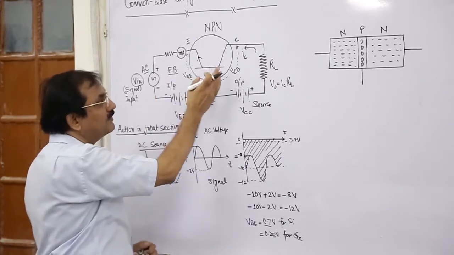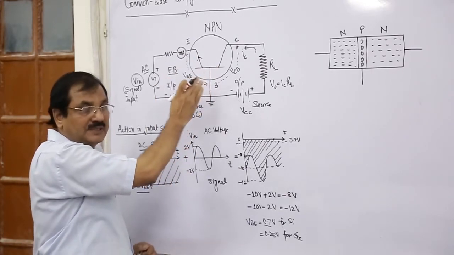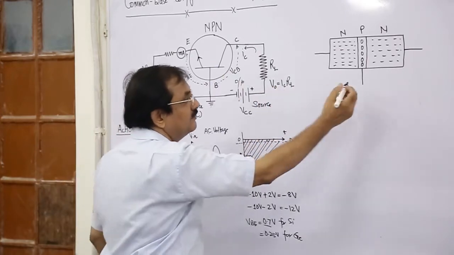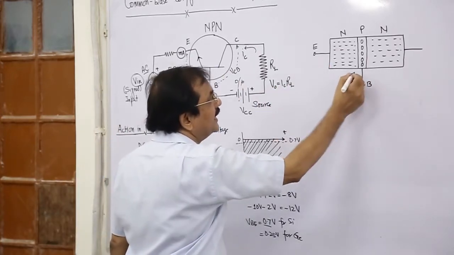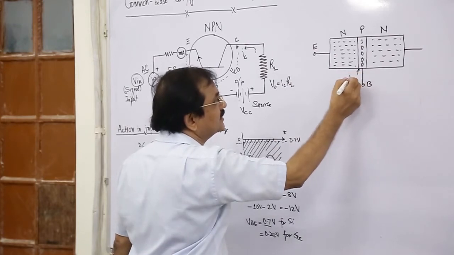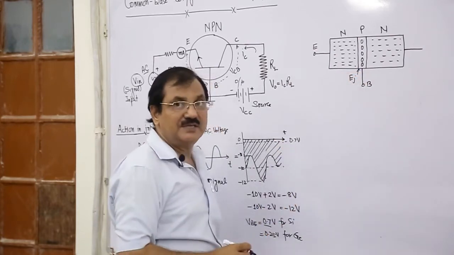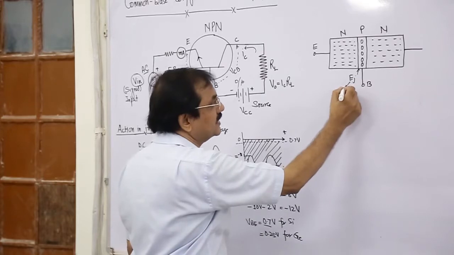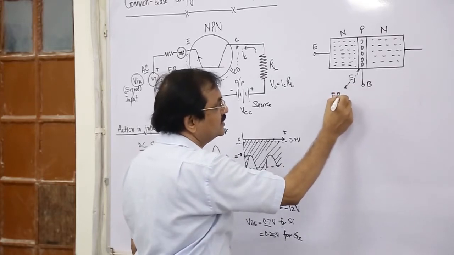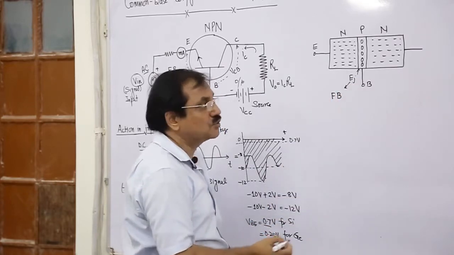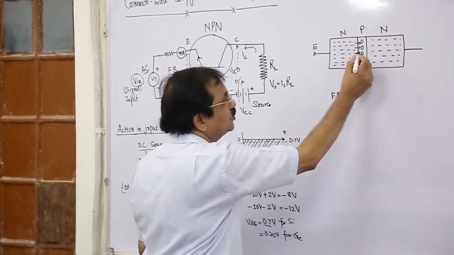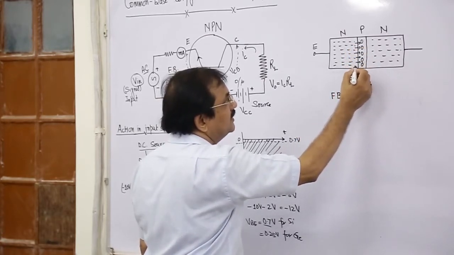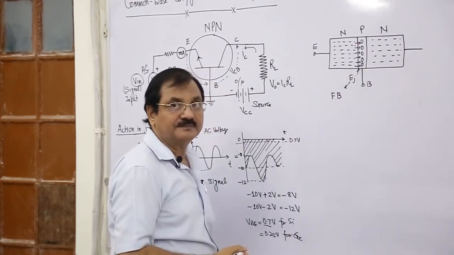So the current flows from the emitter junction to the base.